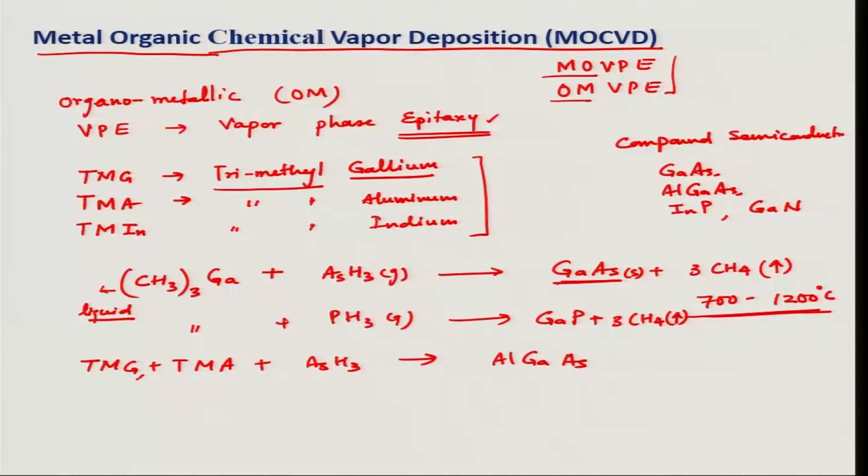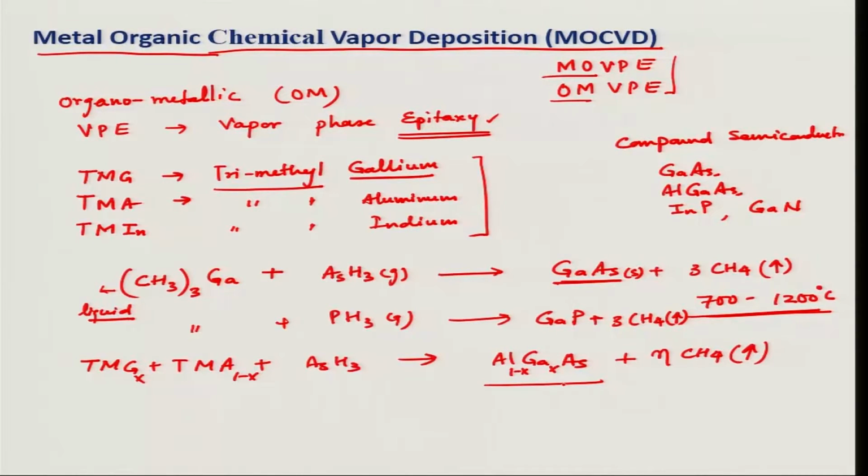And you can have this x, 1 minus x, the composition which will give you your composition of aluminum gallium arsenide, plus methane. Okay. So, you can design your reaction to make various compounds.